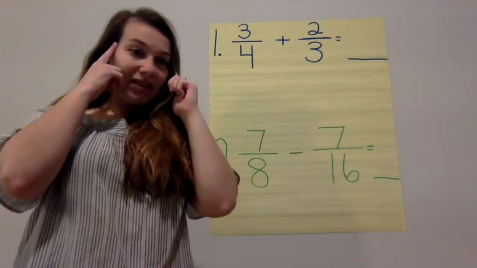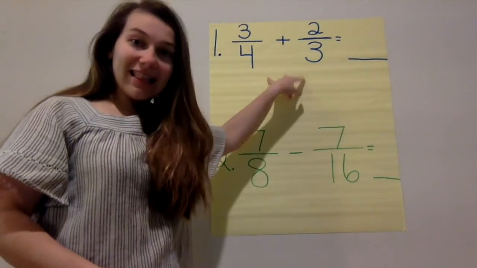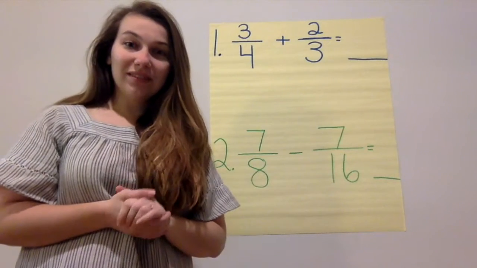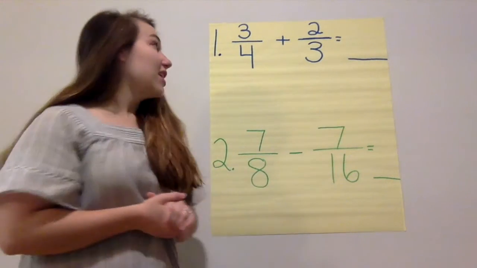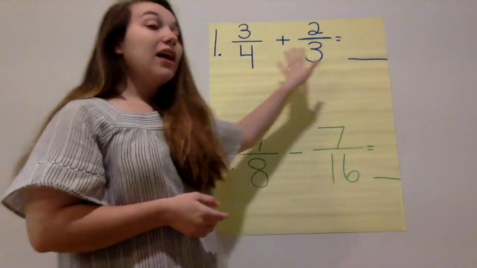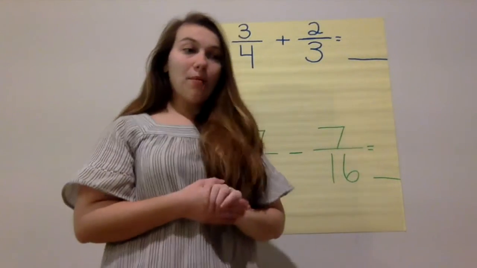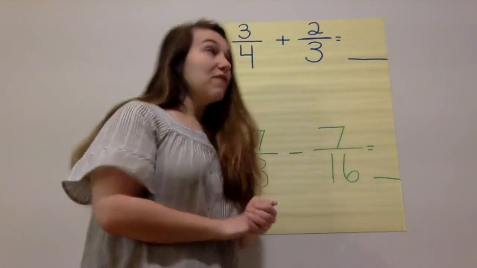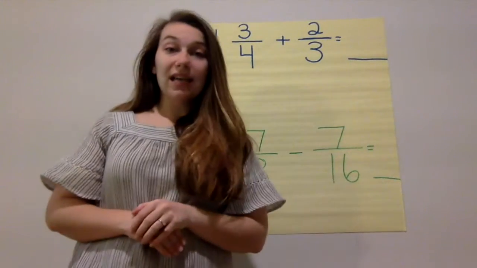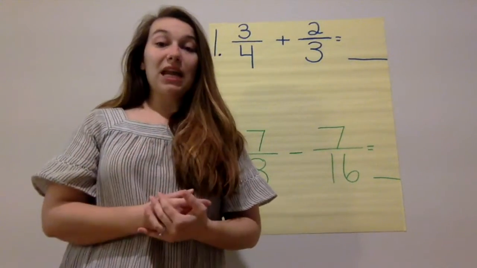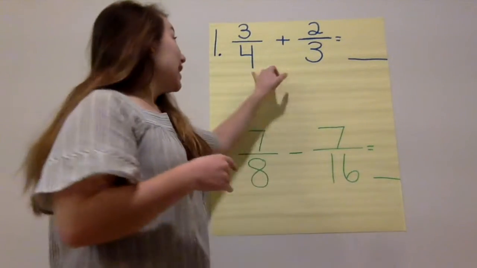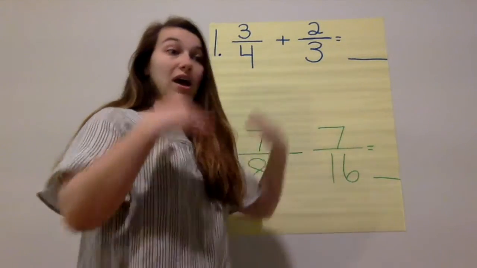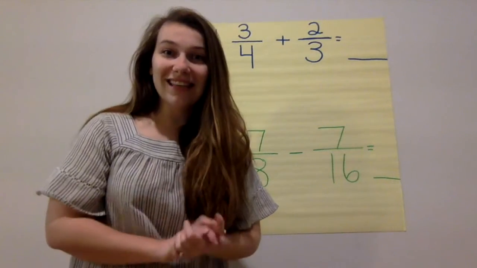Take a moment of private think time. Why can we not add these numbers together? Very good. It's because they have uncommon denominators. So the first step whenever we are adding or subtracting with uncommon denominators is to make these denominators, or the bottom number, the same, okay?